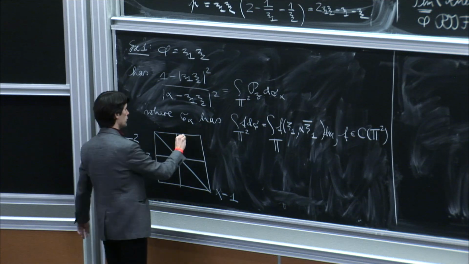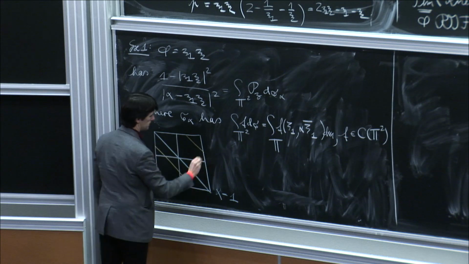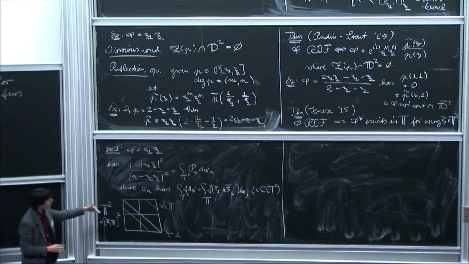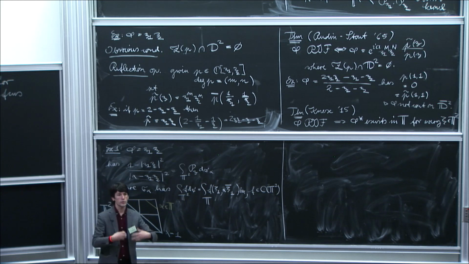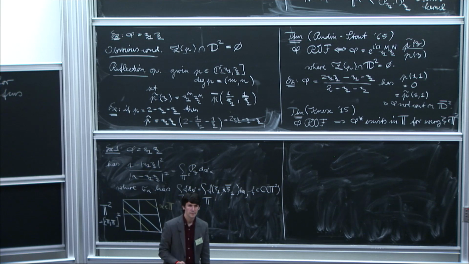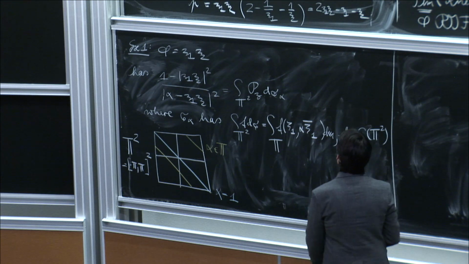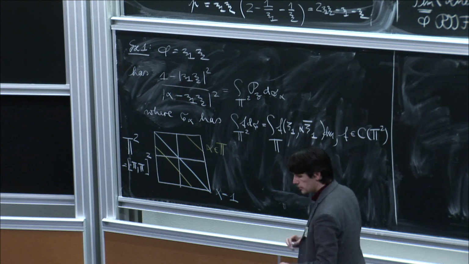And if you pick some other alpha, you might get something like this. So the support sets of these measures foliate the two torus, and along each such support set, the measure is just Lebesgue. Okay. So this looks nice. So that seems promising.